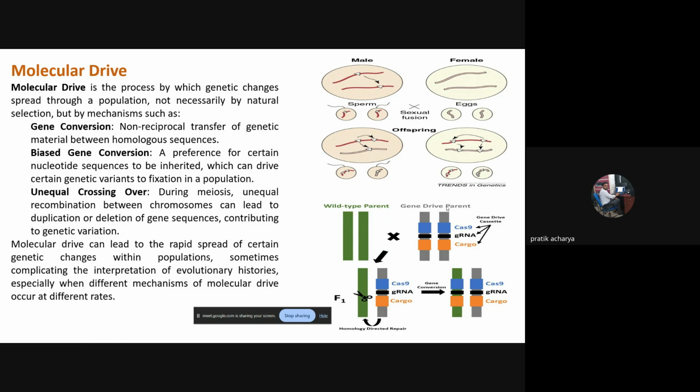So molecular drive can lead to the rapid spread of certain genetic changes within a population, sometimes complicating the interpretation of evolutionary histories, especially when different mechanisms of molecular drive occur at different rates. Molecular drive explains variations.